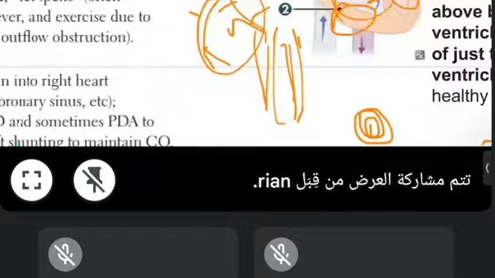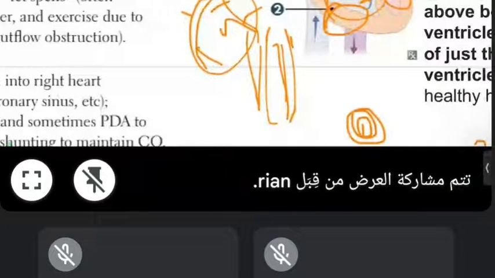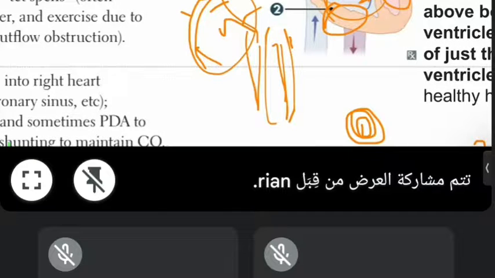Now, last thing we will say on this topic is that if you have this stenosis in the pulmonary valve, you have more blood volume in the right ventricle. Now the right ventricle becomes thicker: right ventricular hypertrophy. Imagine you have more volume in the right ventricle.